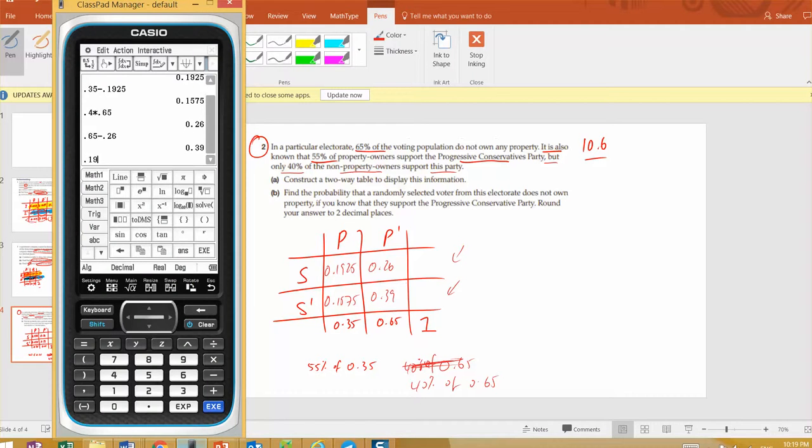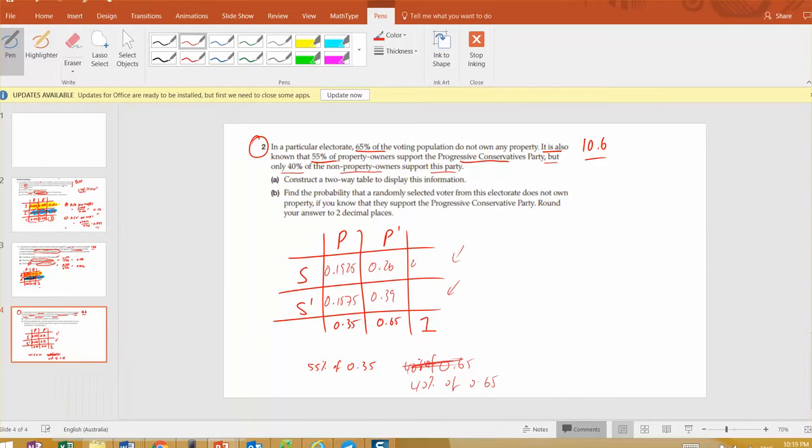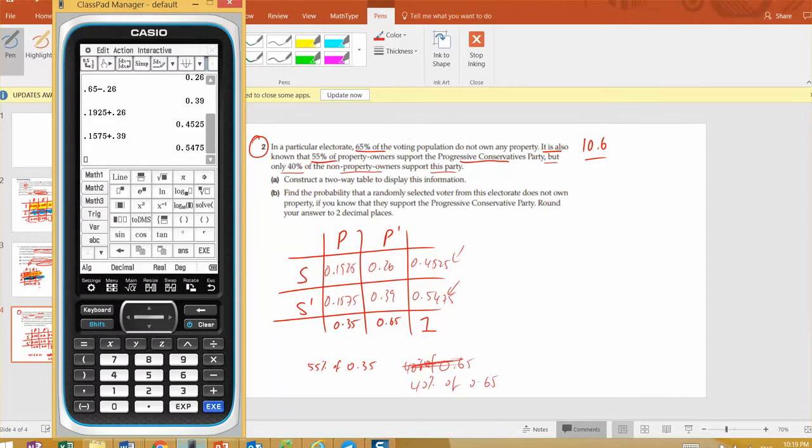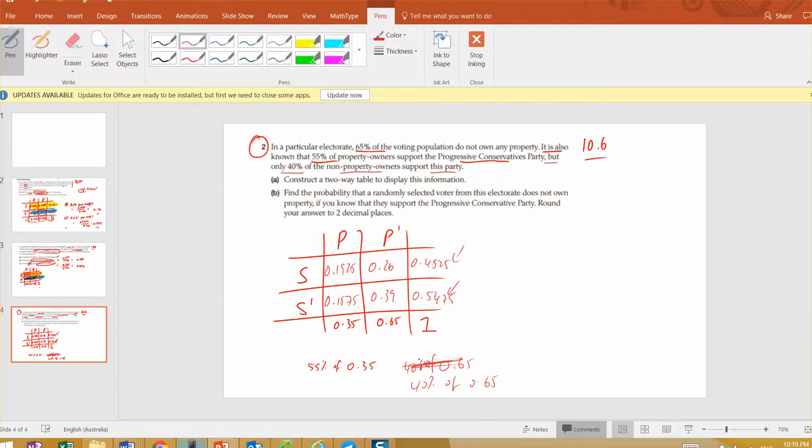So 0.1925 plus 0.26 and 0.1575 plus 0.39. Okay, 0.4525 and 0.5475, I believe. Let's double check. Okay, good. Now, the fun begins.